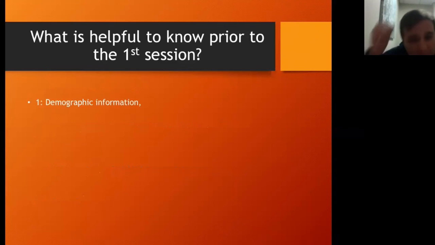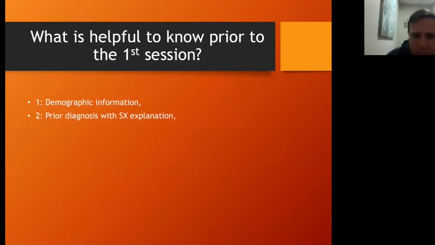So some of the things that are helpful to know prior to that first session, just in general, is demographic information. It'd be nice to have an idea or a picture or a sense of who the person is. We talked a little bit about this when we talked about tuning in, right? Any prior diagnosis with symptom explanation. This is helpful. We don't talk enough about the reason for diagnosis, but one of the main reasons to diagnose a client is to create empathy within the clinician, right?